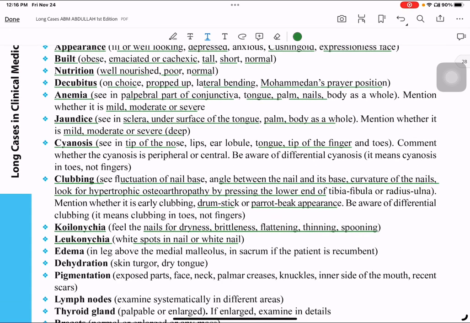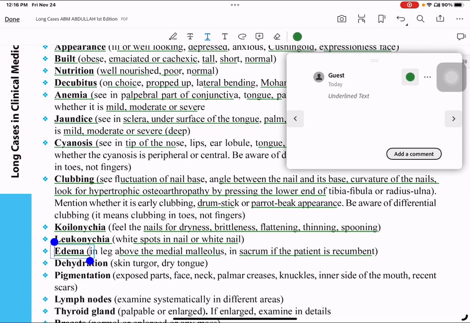Another thing is edema. Edema is detected firstly in the leg, above the medial malleolus on the medial side, or over the sacrum when the patient is in recumbent position.